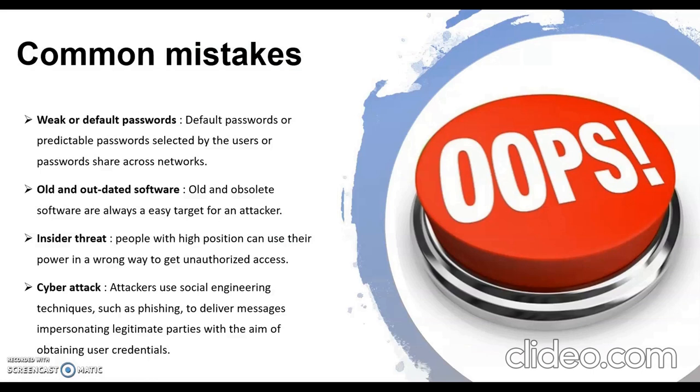Insider threat: people in a high position can use their power in the wrong way to get unauthorized access or to take revenge on other people. Cyber attack: attackers use social engineering techniques.